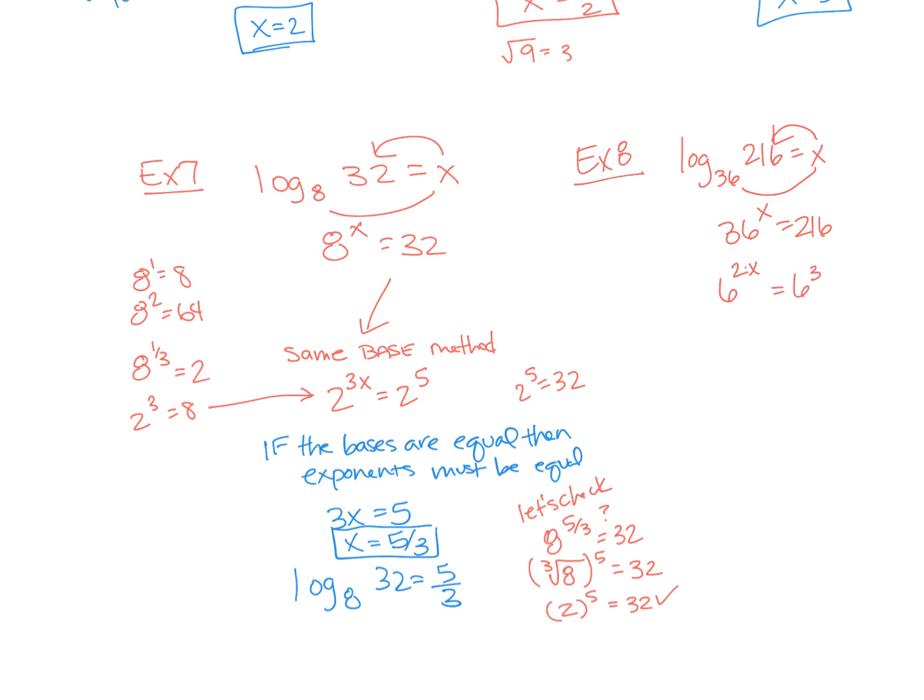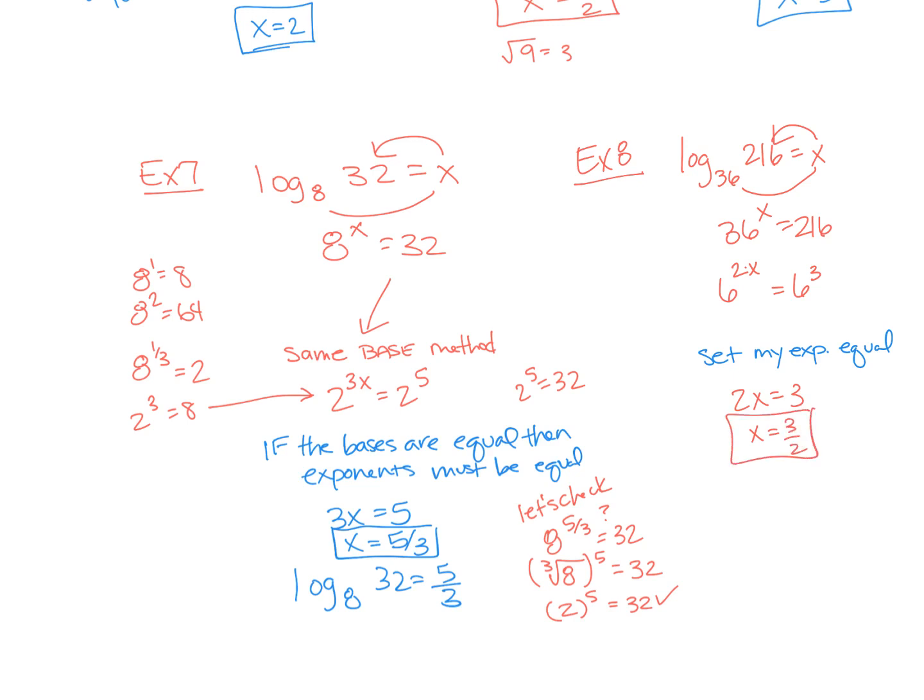Because of what I learned before, if my bases are the same, I'm going to set my exponents equal. So I'm now going to set my 2x equal to 3, divide both sides by 2, and get x equals 3 halves.